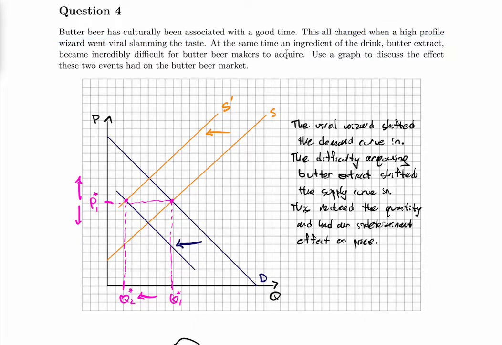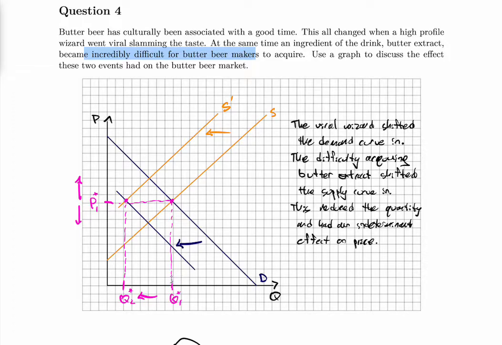The second one is that when an ingredient becomes more expensive or more difficult to acquire, this raises the cost of production. It makes it harder to make butterbeer. And so what happens in this case is we get a shift up of the supply curve. At any quantity, it's now more costly for the seller to make it.